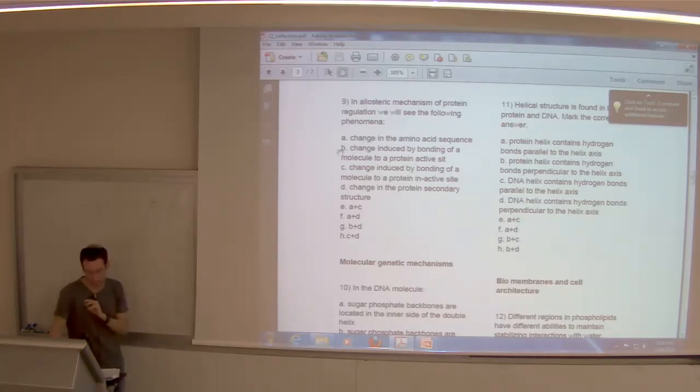So it's definitely not B, and it's C, because C says change induced by binding of a molecule to a protein inactive site. This is really part of the definition of allosteric mechanism. And that's the only true section. Yes, C.